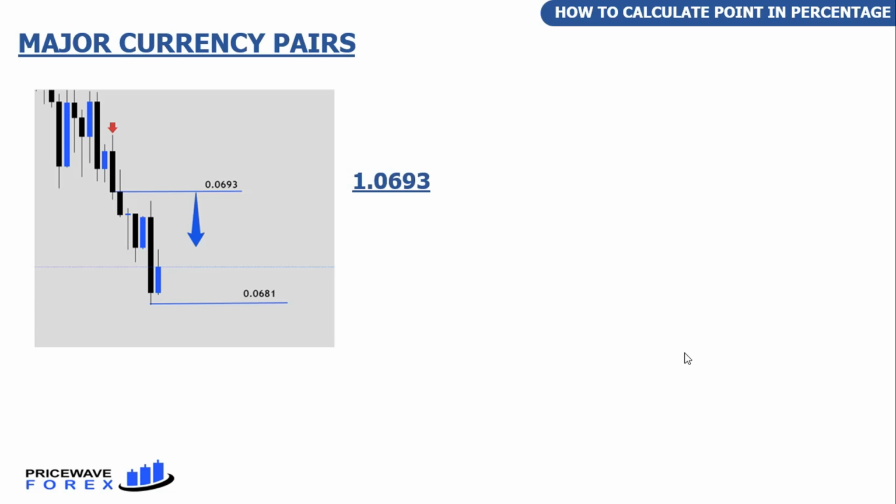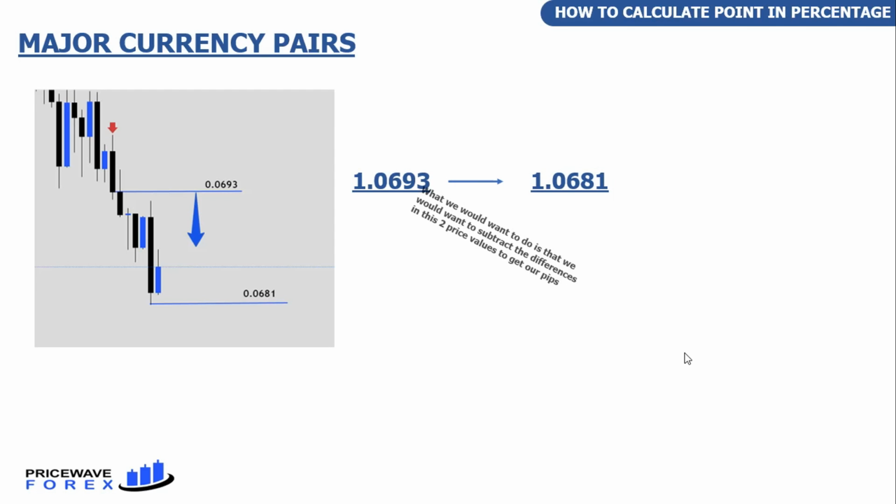Let's say it moved from 1.0693 to 1.0681. The price moved from 1.0693 to 1.0681.